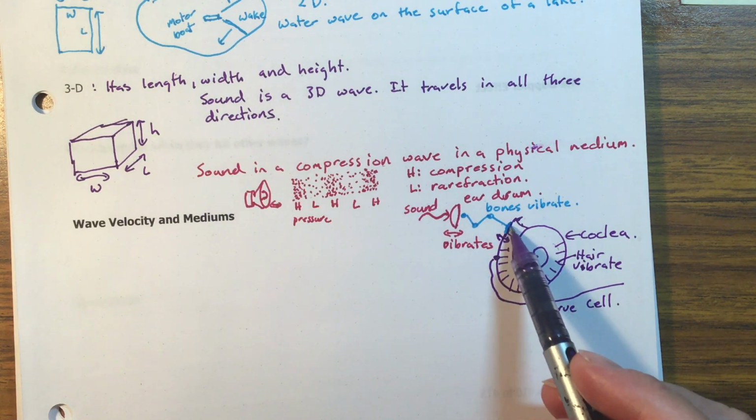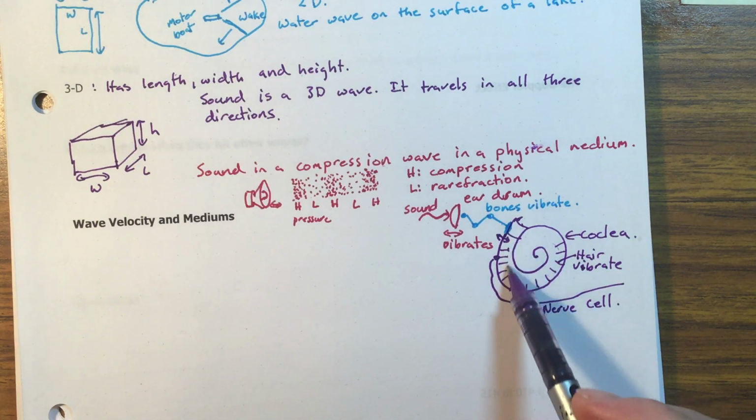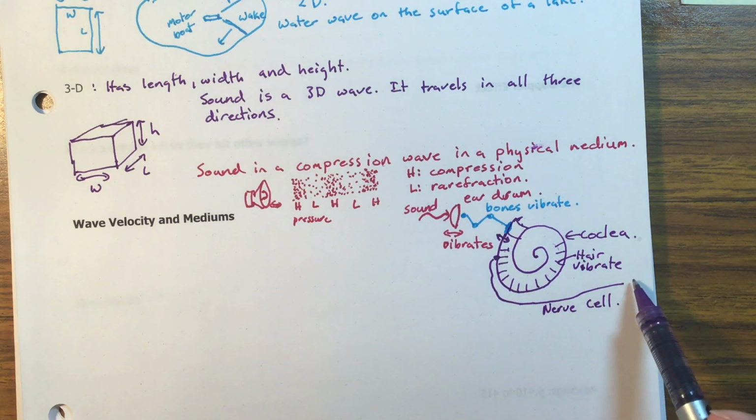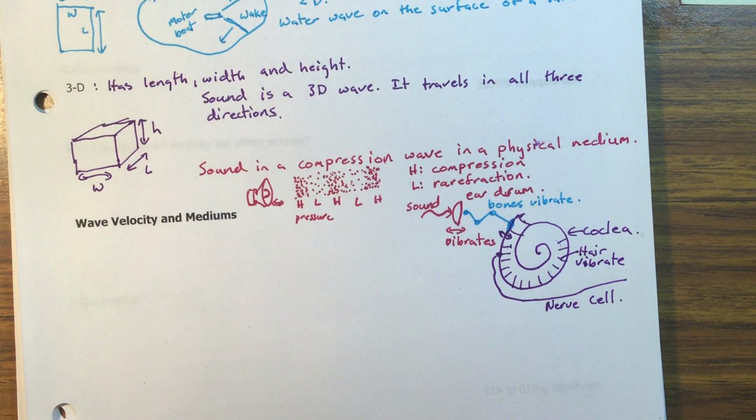These bones are pushing on the cochlea, which is filled with fluid, and this fluid is moving around, kind of vibrating these hairs, and these hairs are sending signals to the brain as they vibrate. And your brain is able to interpret that as sound.